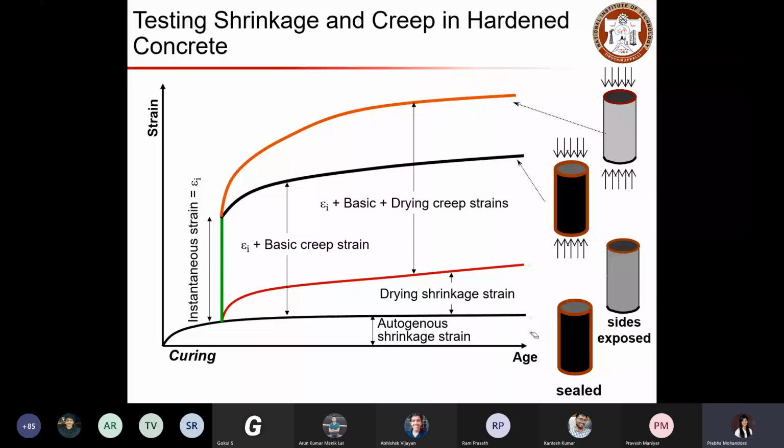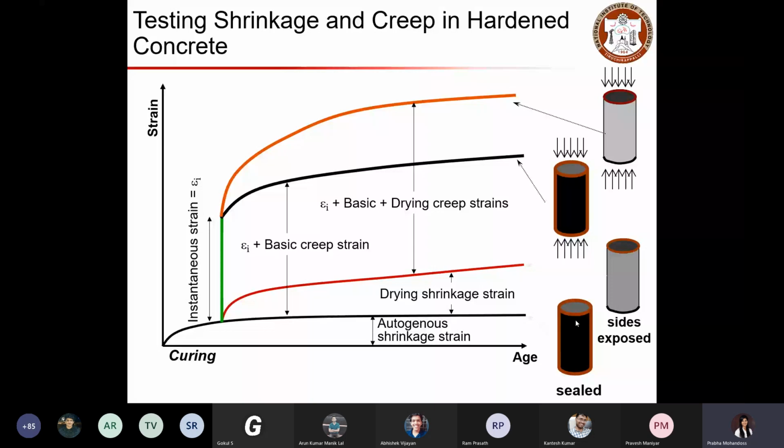Having that, you can measure the change in length, because during shrinkage your concrete is going to shrink, so the length is going to get shortened. So you can measure the change in length to get the strain value, so that you will understand how concrete can perform when it is subjected to that condition.